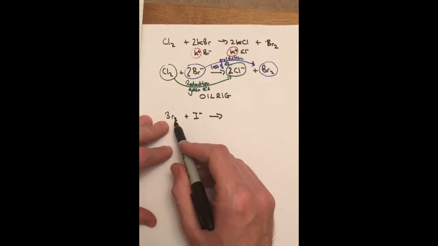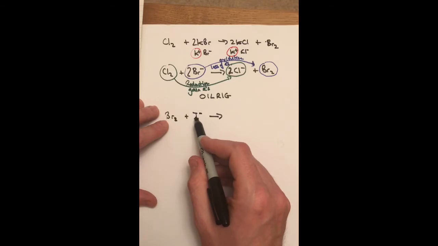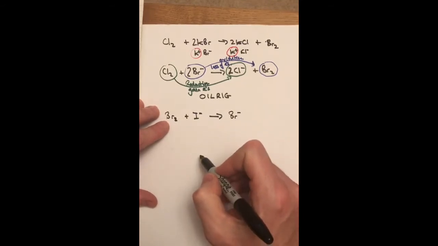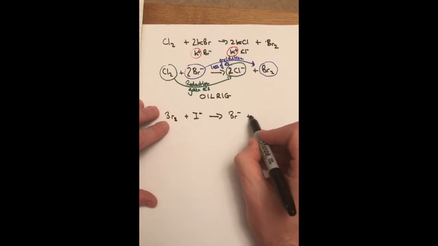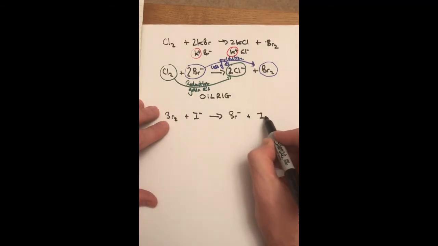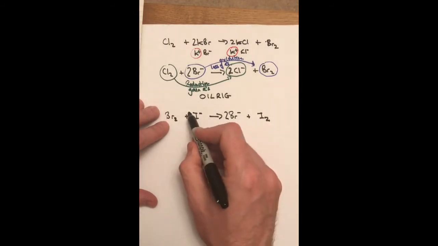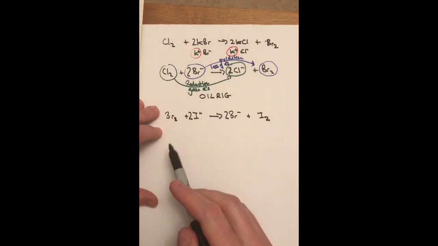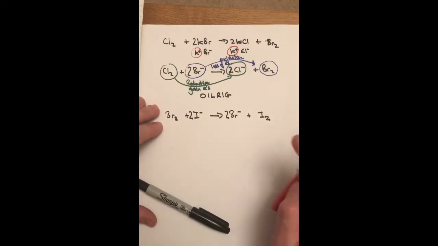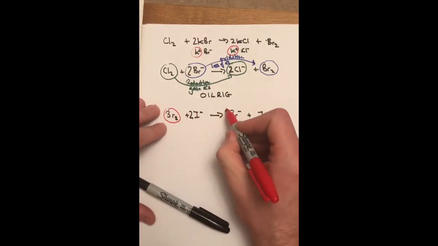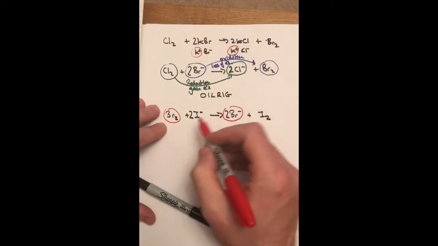So what's going to happen here is the bromine, if you remember, is more reactive. So the bromine is going to be able to take the electron from here to form the Br minus. And that's going to release or displace the I2. Got to make it balanced, so you need 2 and 2. And we can see now in this example that the bromine has formed a bromide ion.